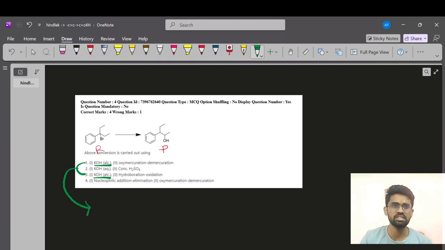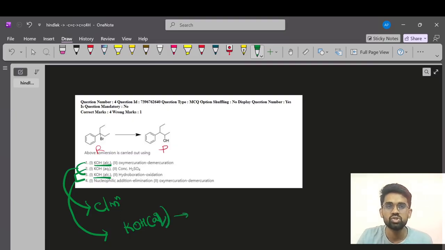So KOH in alcoholic medium favors elimination. But in the second and fourth options, there is KOH in aqueous medium. So you need to know the solvent effect also. In aqueous medium, nucleophilic substitution is favored over elimination.